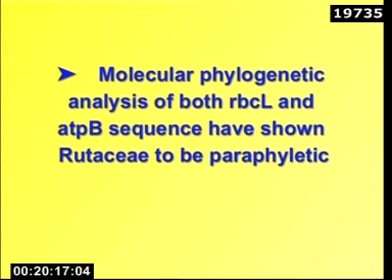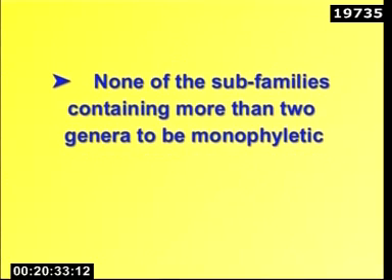almost all organs. Molecular phylogenetic analysis of both rbcL and atpB sequences from genera representing all subfamilies and tribes showed Rutaceae to be paraphyletic, and none of the subfamilies containing more than 2 genera to be monophyletic.